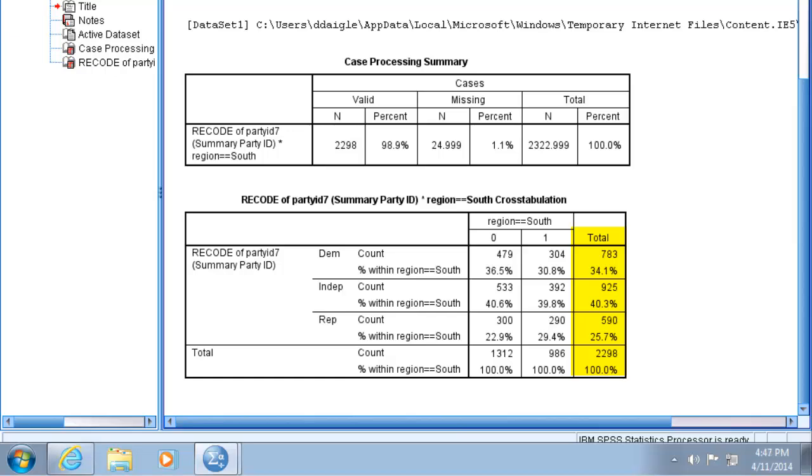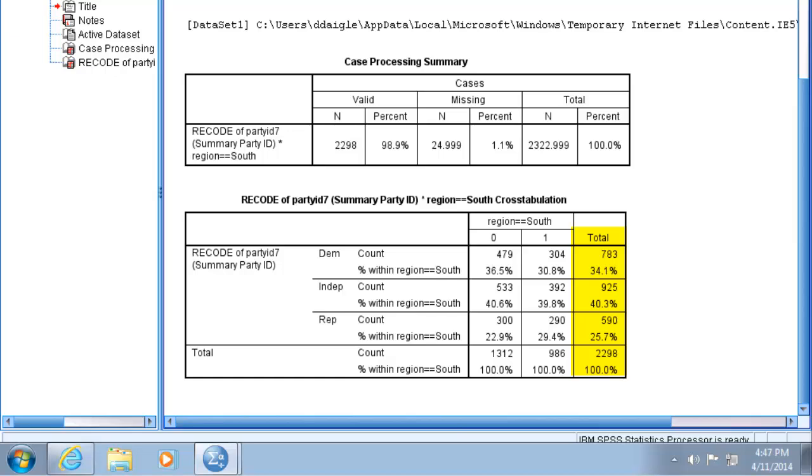Think of this column as simply the distribution of the dependent variable by itself. Sure enough, you can work down this column. In the first cell, there are 783 respondents in the Democrat category, 925 in the Independent category, and 590 in the Republican category. The percentages in each cell are simply the proportion of cases falling in that category.